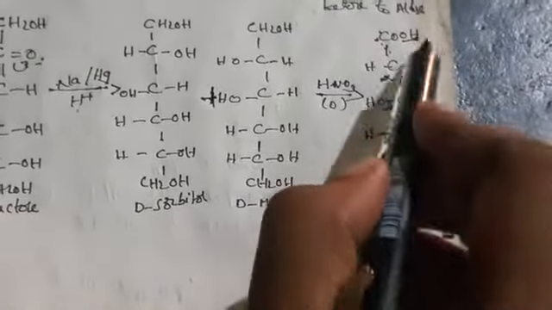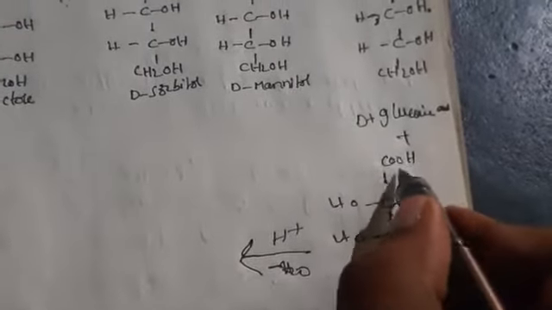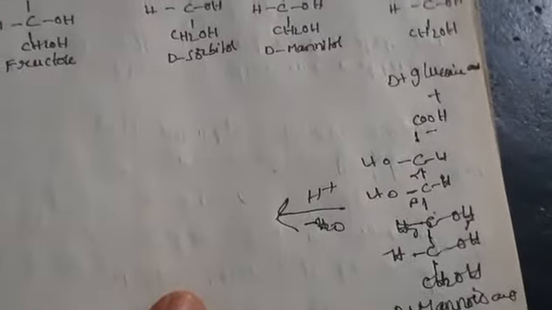From here OH and H, minus H2O, will be lost. Here also OH and H, water molecule will be lost from the gamma position. So they are forming gamma lactones.